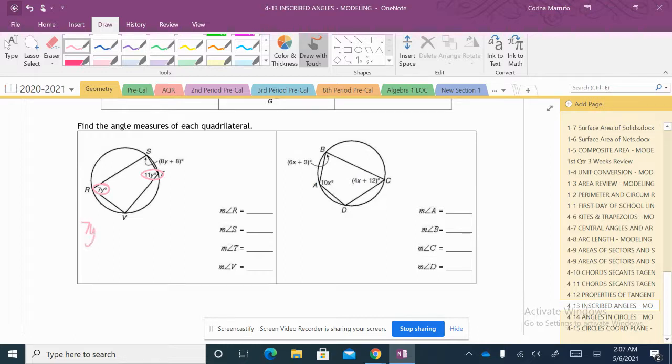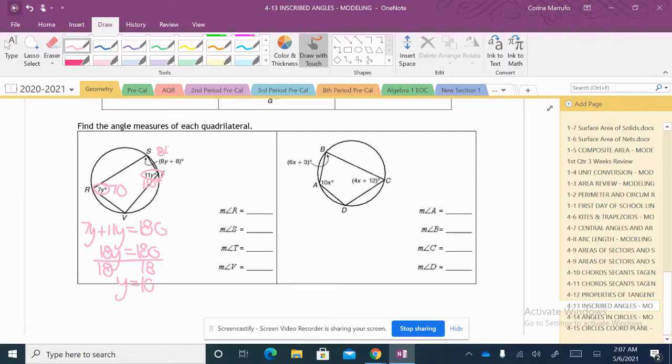So 7y plus 11y should equal 180. When we add them together, that gives us 18y equals 180. We divide both sides by 18, and we get y equals 10. Now that we know what y is, I'm going to plug it in. So here 7 times 10 is going to give me 70. 11 times 10 is going to give me 110.